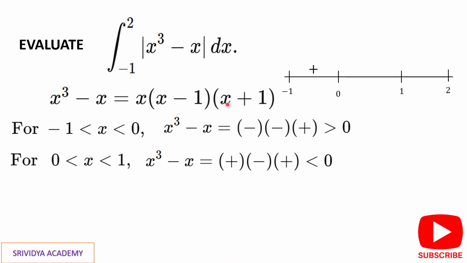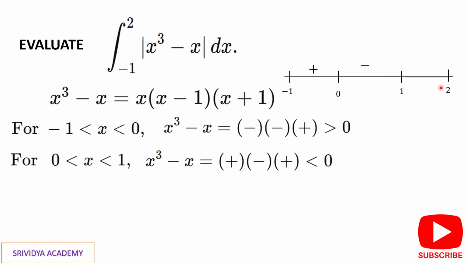And in the third term, we have 1 by 2 plus 1, which is 3 by 2, a positive quantity. So plus into plus into minus is negative. Therefore, x cube minus x is negative in the second interval, that is from 0 to 1.